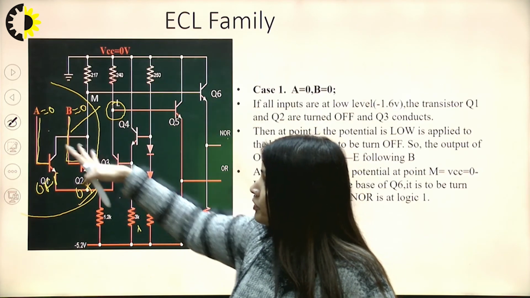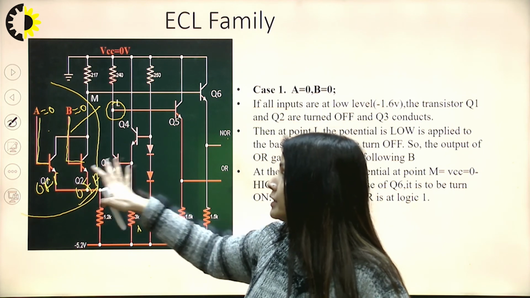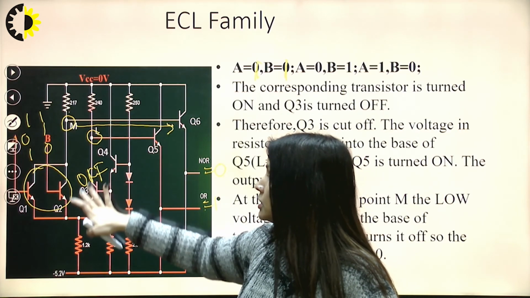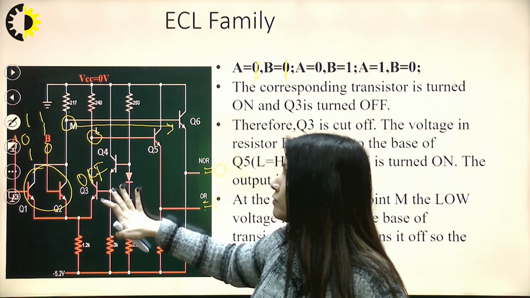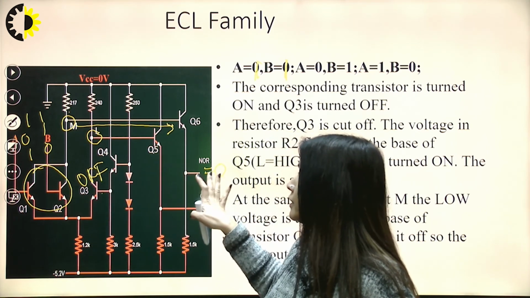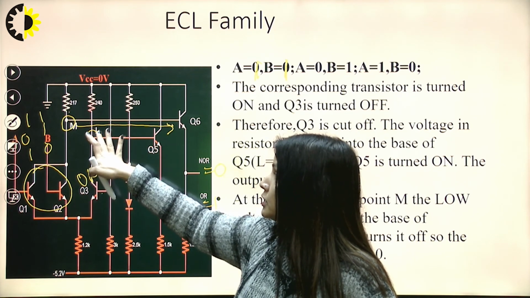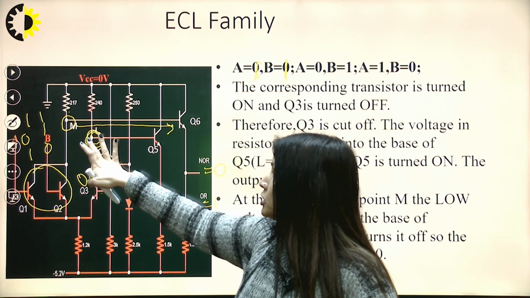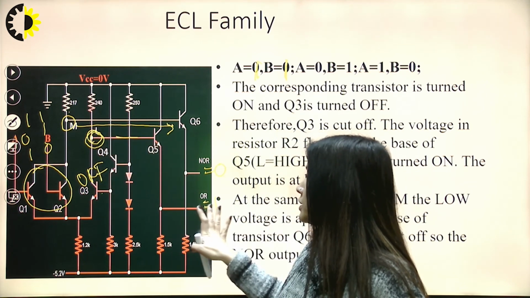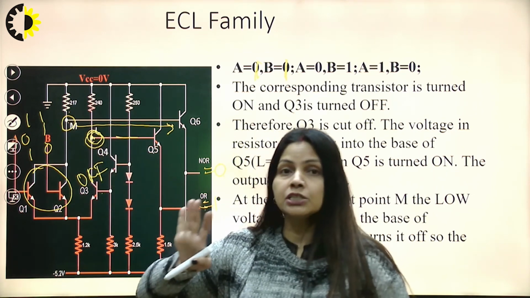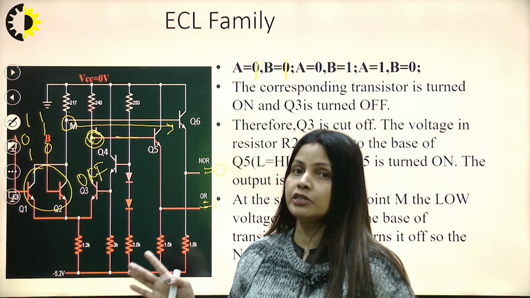So there are two cases, 0 0. Only in one case this is on. Otherwise, for all the three remaining cases, this Q3 will be off, and just because of Q3 being off, this will get to high potential, and if it is at high potential, this output will be 1, and the L and M, these two points are reverse of each other in every case.